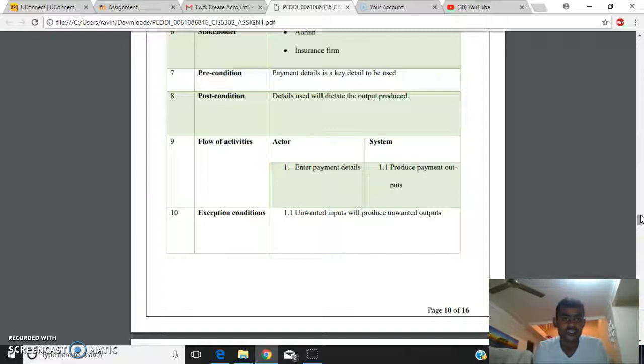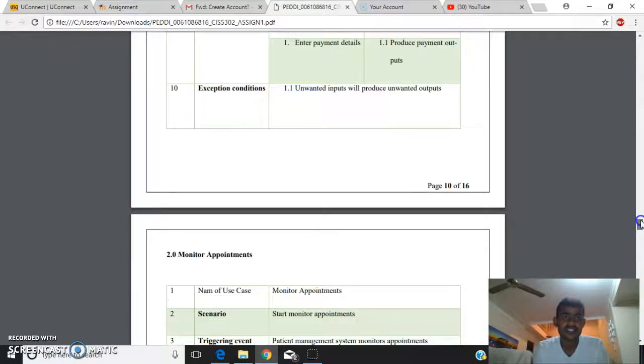There are two parts, actor and system. The actor enters payment details, and the system produces payment outputs. And the 10th one is the exception conditions: unwanted input will produce unwanted outputs.